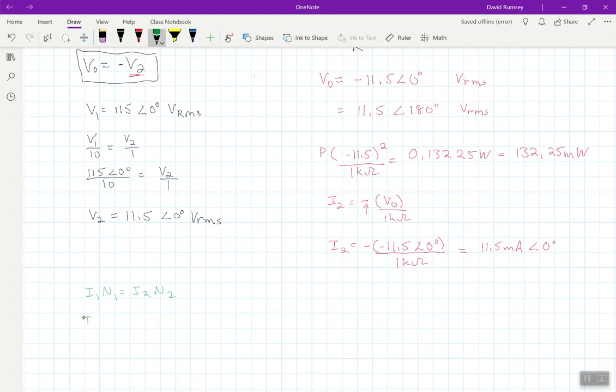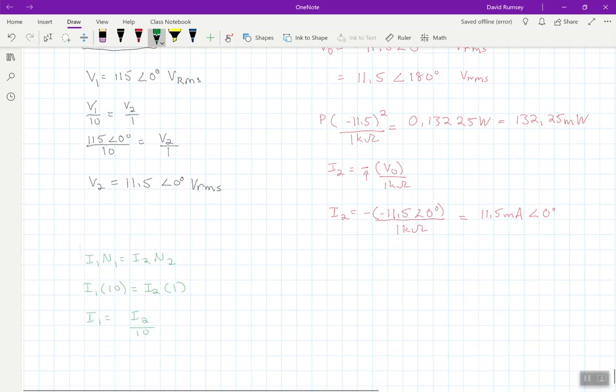So I1 times 10 is equal to I2 times 1, which of course means that I1 is equal to I2 divided by 10.